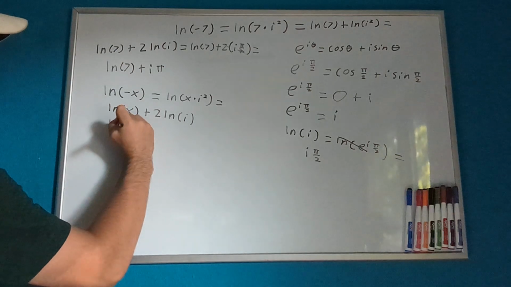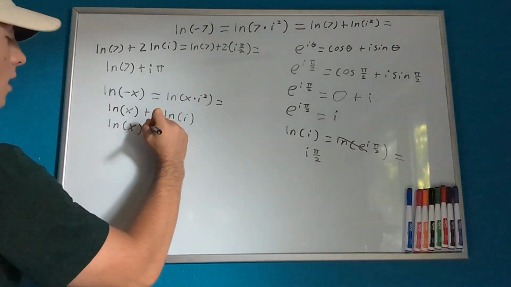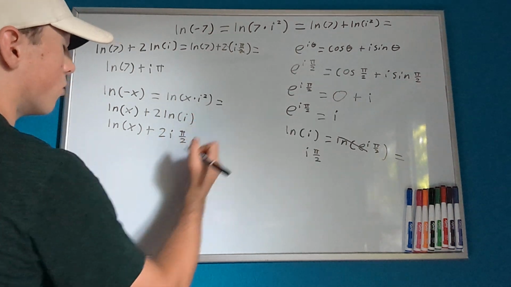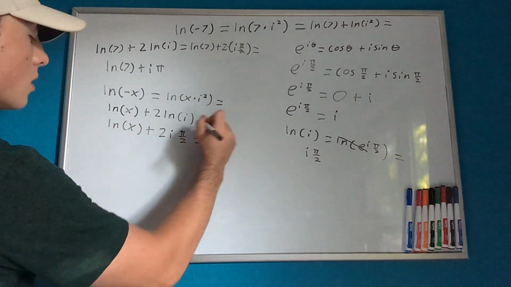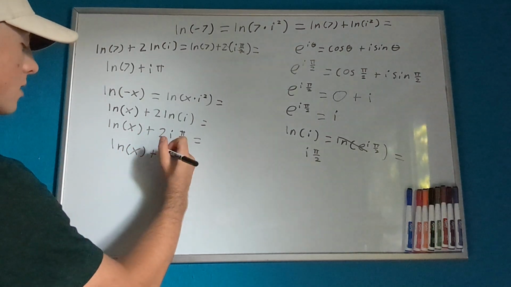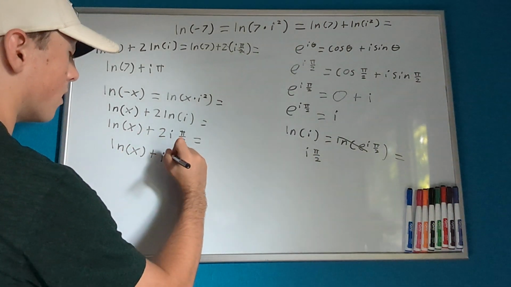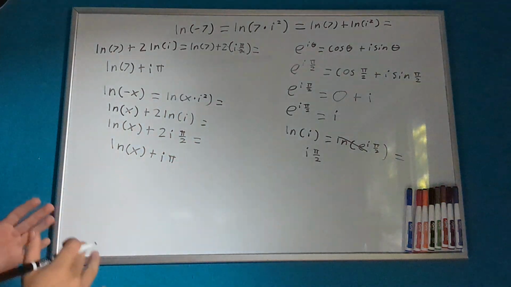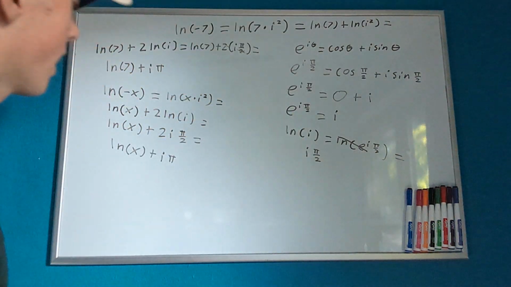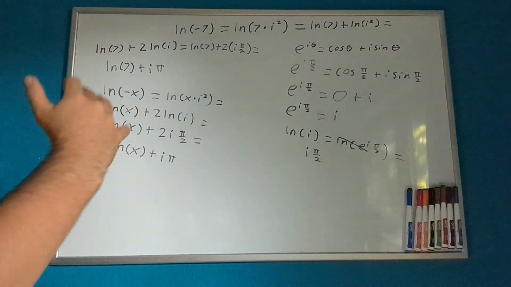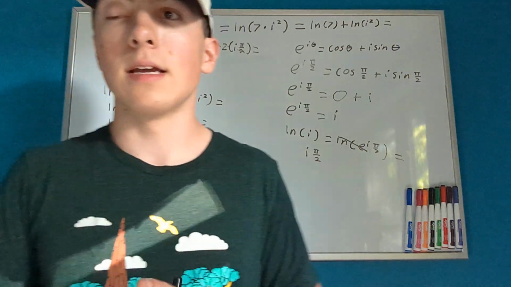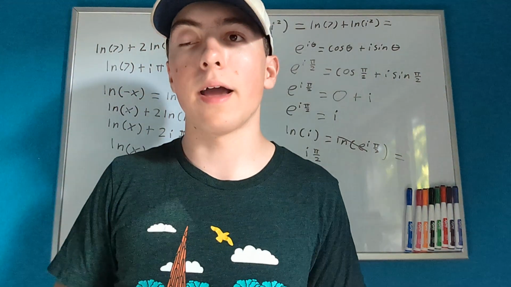So we have natural log of x plus 2i pi over 2, which equals the natural log of x plus i pi. So whenever you have a negative in the natural log, if it's a -10, the natural logarithm of -10 is the natural log of 10 plus i pi.